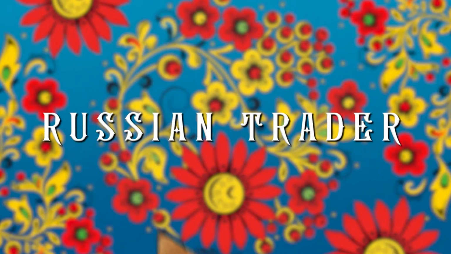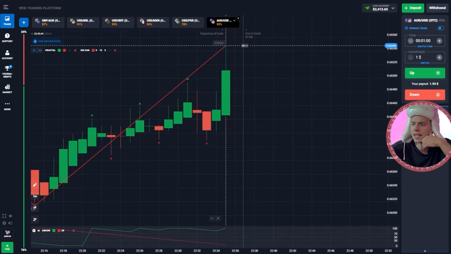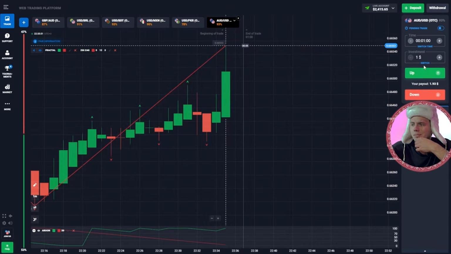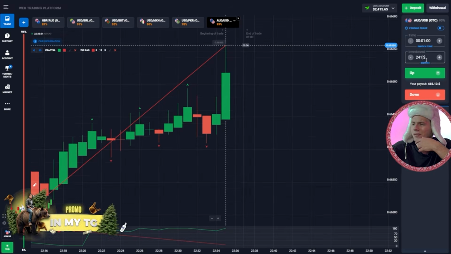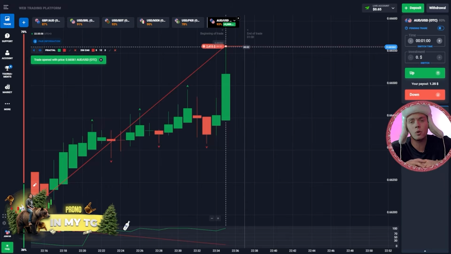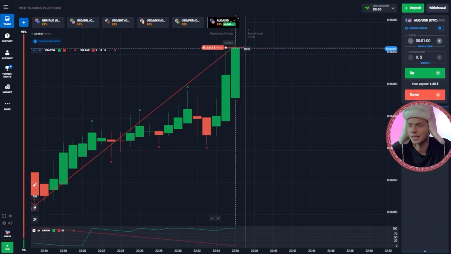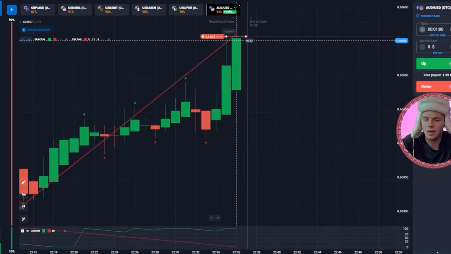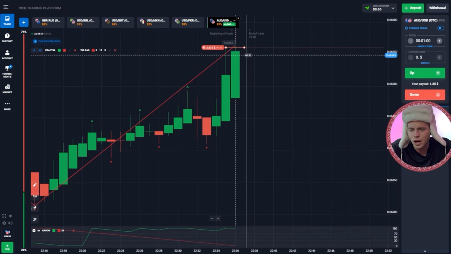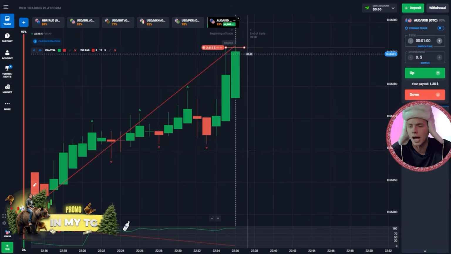Here we are taking a look at another trade right now. We have the Australian dollar to the US dollar. I think that right now we will go down, guys, because we're in an overbought zone. The market needs to cool off, definitely. If you take a look, for the previous 20 minutes it was higher highs, higher lows, which is a pretty clear signal of the upgoing trend.